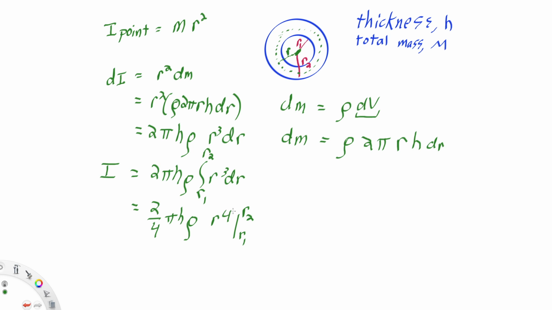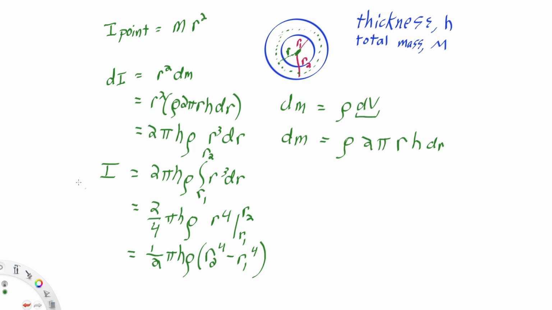And then when you evaluate the limits, we're going to get R2 to the fourth minus R1 to the fourth. All right, this does not look nearly as pretty as some of the other expressions that we have derived. So let's keep working on it.